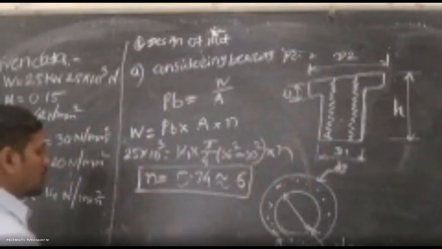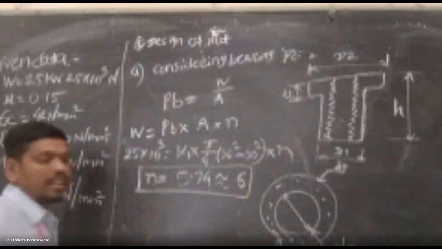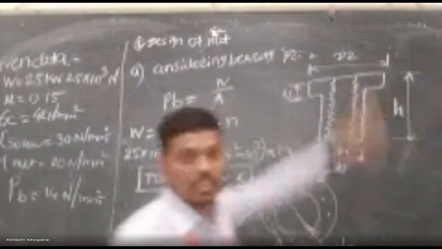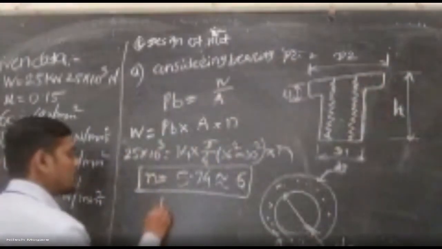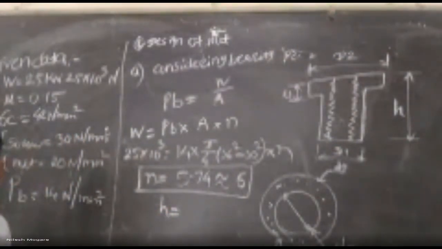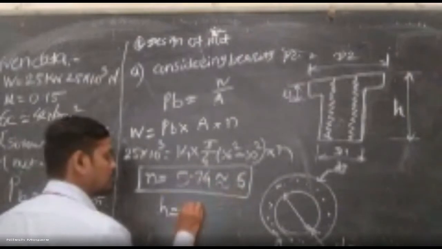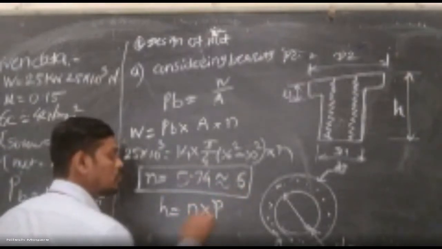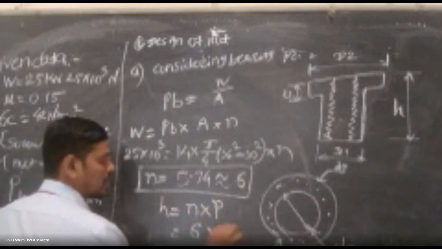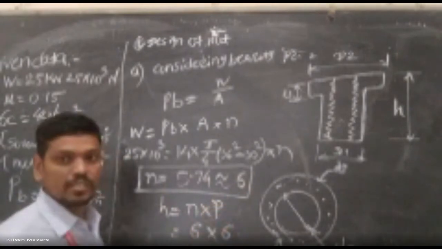So if the value of n we get, then we can find the value of h also. But what is the formula of h? h is equals to 3 into n into p. So we have the value of p, that means pitch is equals to 6 mm.